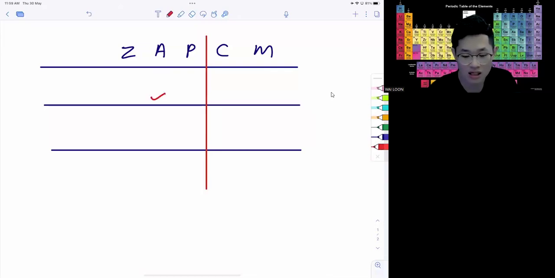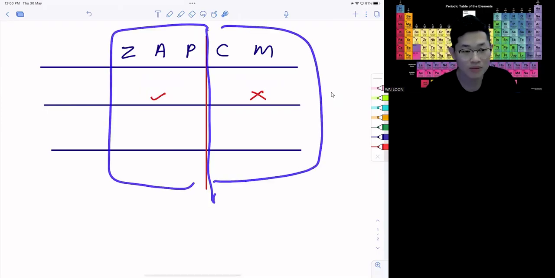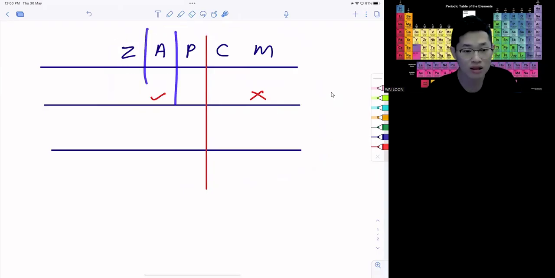We put a tick and a cross. Tick on the left, cross on the right. Then near the horizontal line here, the tick and cross, because there's something we have to write on top. So now I have separated this into ZAP and CM already, right? So the ZAP, I have to cut them out one by one.